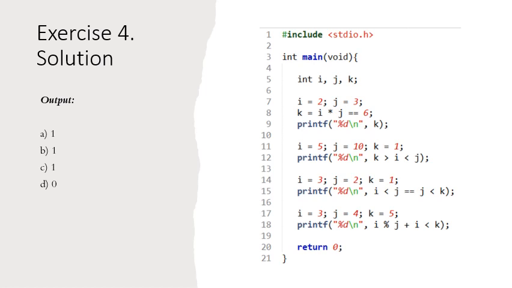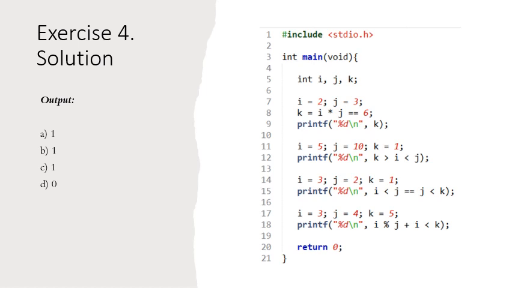So we first evaluate i < j. Is i less than j? 3 less than 2 is false, which is 0. And is j less than k? 2 less than 1 is also 0. So 0 == 0.